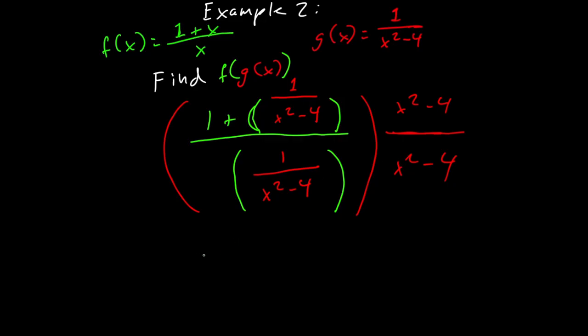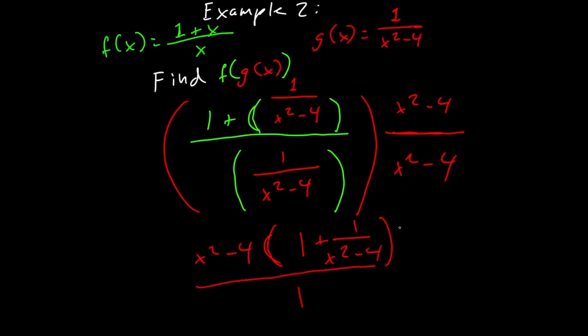So we get x squared minus 4 times 1 plus 1 over x squared minus 4 over 1, which equals x squared minus 4, because x squared minus 4 over x squared minus 4 is 1.